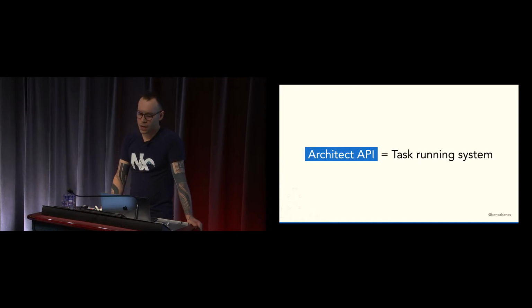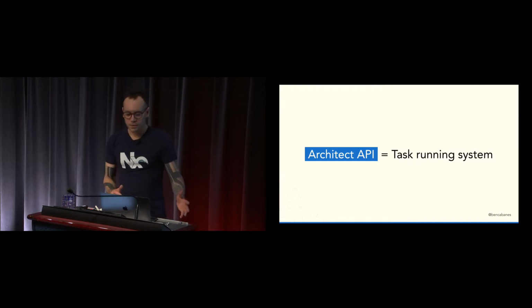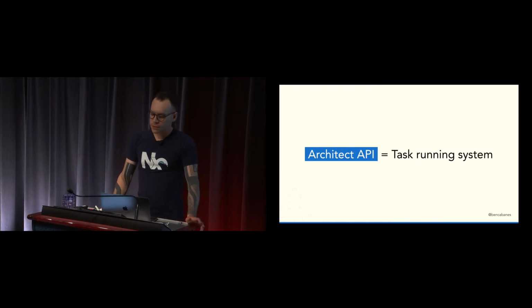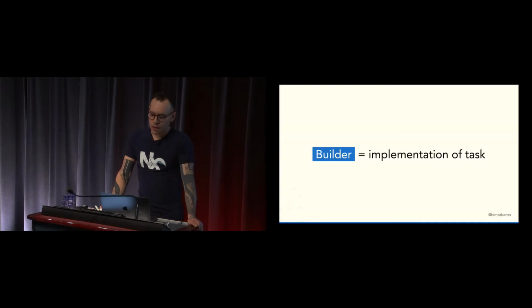Then the Architect API is able to schedule and coordinate tasks on your code depending on the command you run via the CLI. If I run ng build, the Architect API is responsible for running the build task on the project as specified with the options I wanted. All this to say that a builder is the implementation of a specific task.